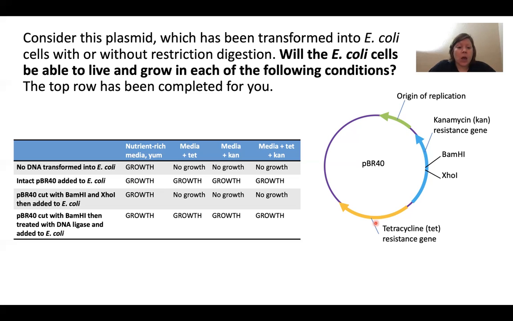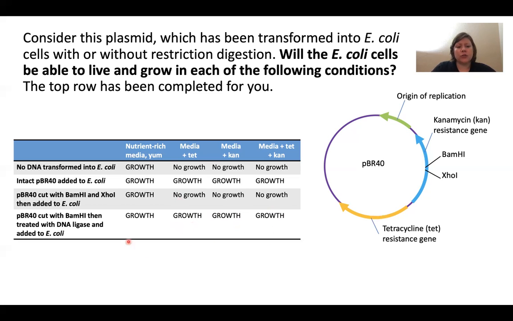In this case, we'd have growth of the cells under the no antibiotic conditions as expected, but we're going to have growth in the presence of the antibiotics as well. The presence of tetracycline, yep. The presence of kanamycin, absolutely.